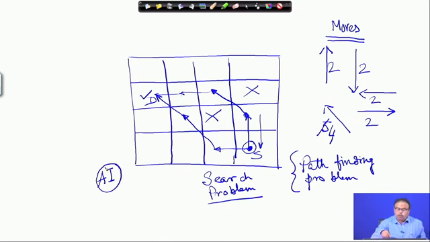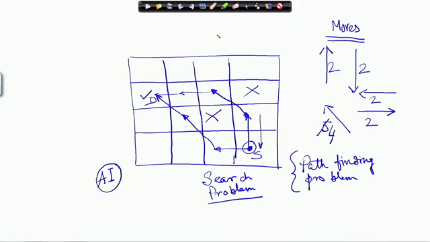Say a robot has been asked to move from this point to this point. How will the robot find its way given some obstacles? So, this is another type of problem that we can solve using programming.